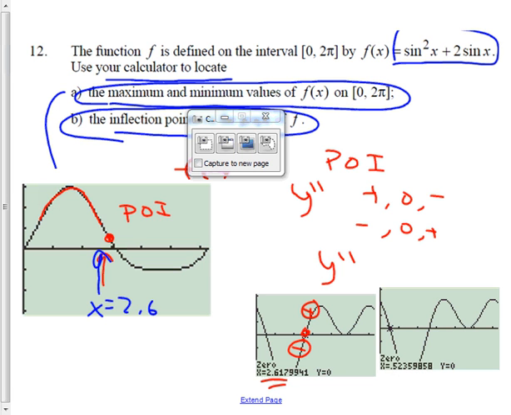Then I also have the point of inflection right here at 0.52, where it's going from positive to negative, so concave up to concave down. And that's at x equals 0.52. So we found the points of inflection by looking at the second derivative and setting it equal to 0.